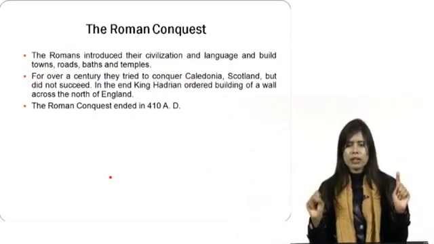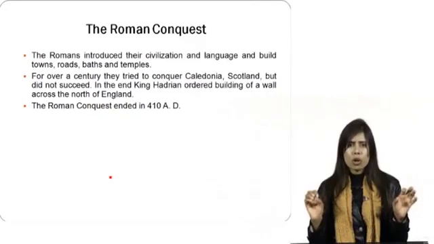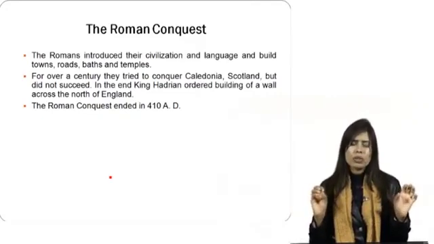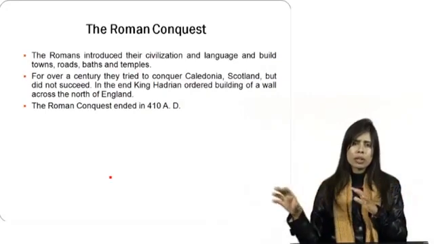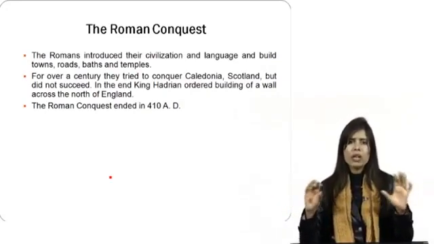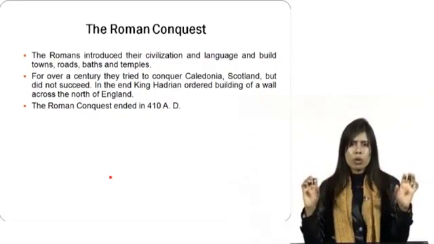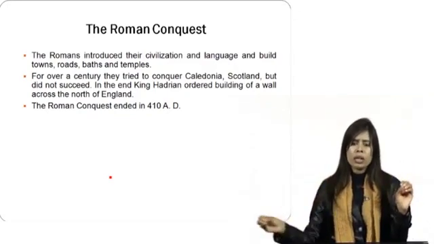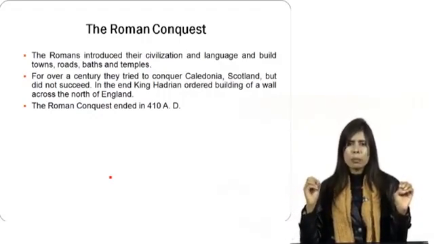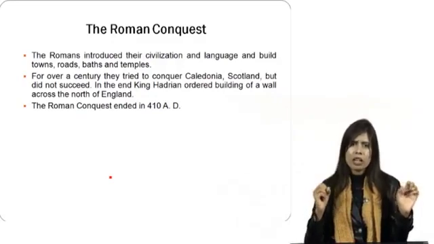Here you can see that Caledonia and Scotland were on the north side of England. That is why the king ordered the army, or the people of their country, to have a wall over there. In this way the Caledonian army or the Scottish army would not be able to enter their country.